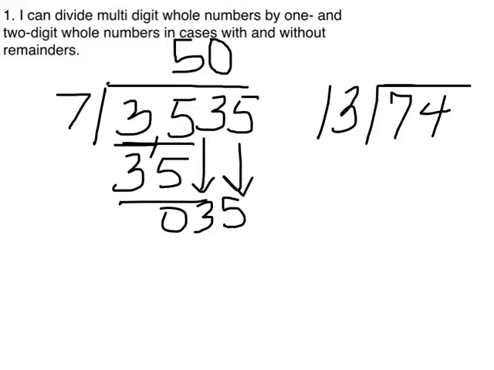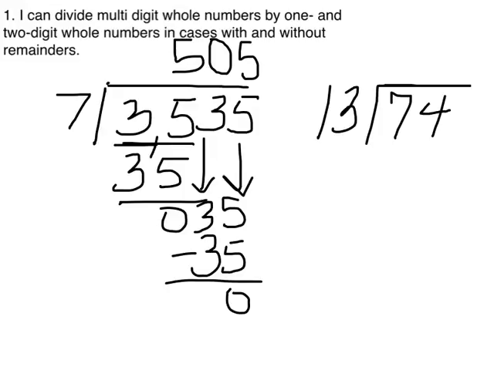Then bring down the next digit, which is another 5, and that's 35. So 7 times 5 will get us to our answer of 505.